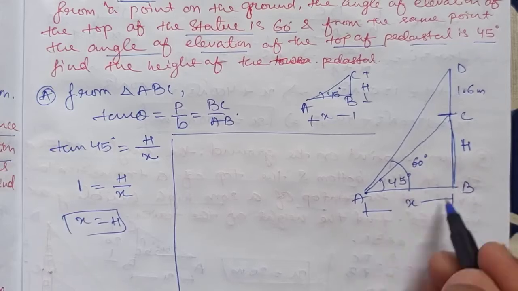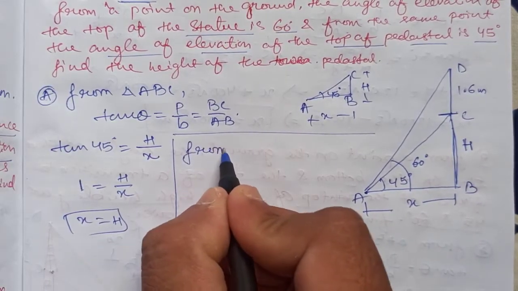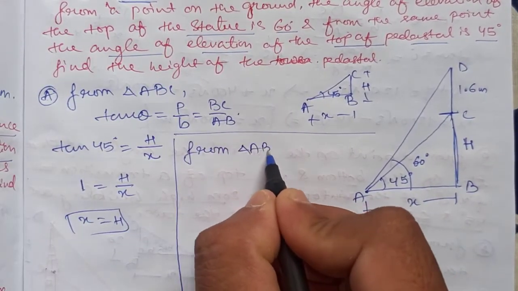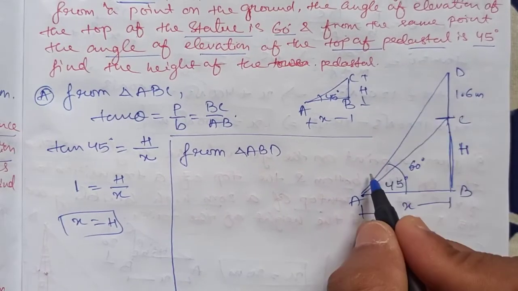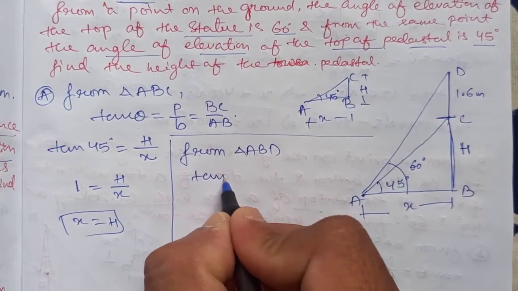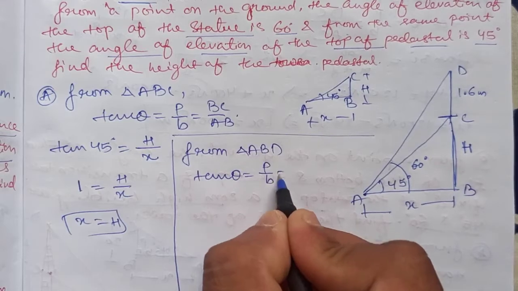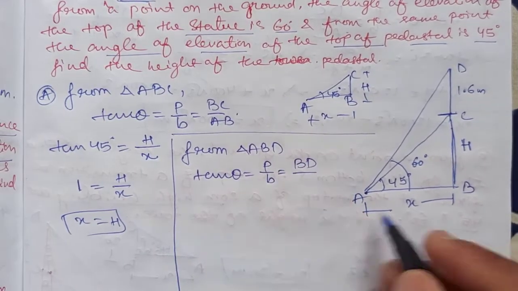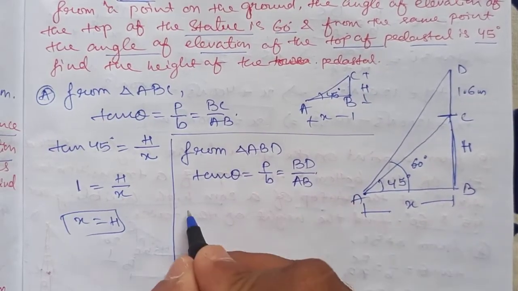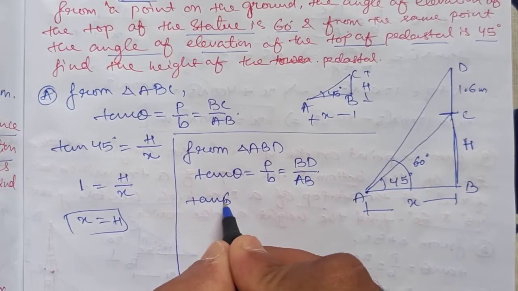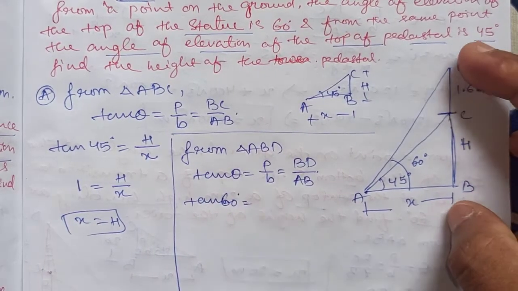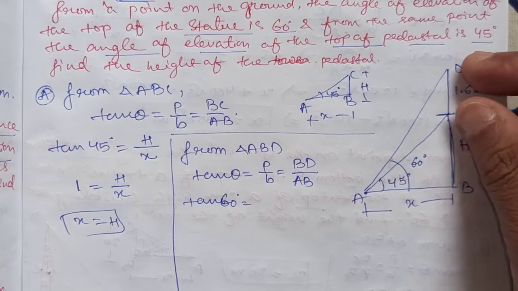Now we will take the bigger triangle, that is triangle ABD. Tan theta is again P by B equals BD by AB. Theta is 60 degree. BD is the total line. Total line means BC plus CD.